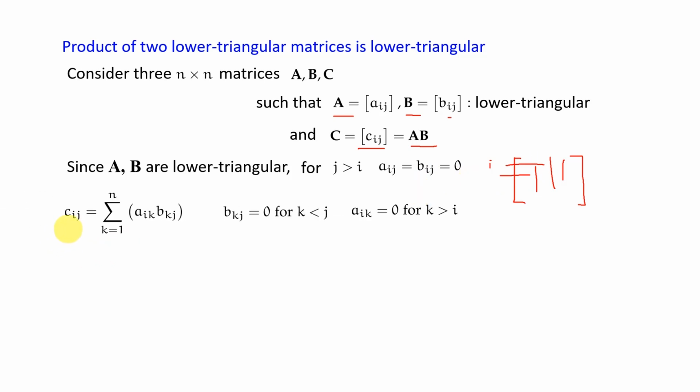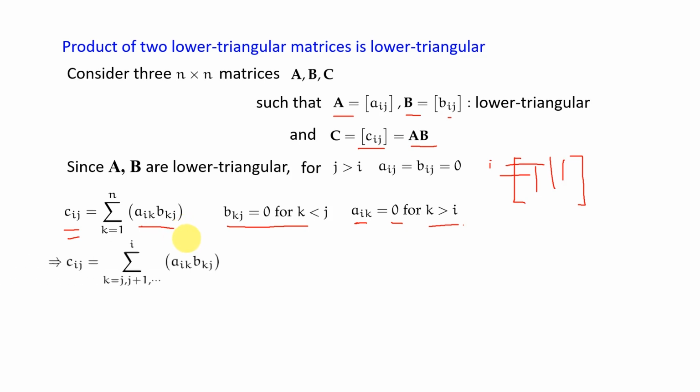And from the definition of matrix multiplication, Cij will be the summation over k from 1 to n of Aik Bkj. Here we know that Bkj will be 0 if k is less than j, and Aik will be 0 for k greater than i. These are simply coming because A and B are lower triangular matrices.